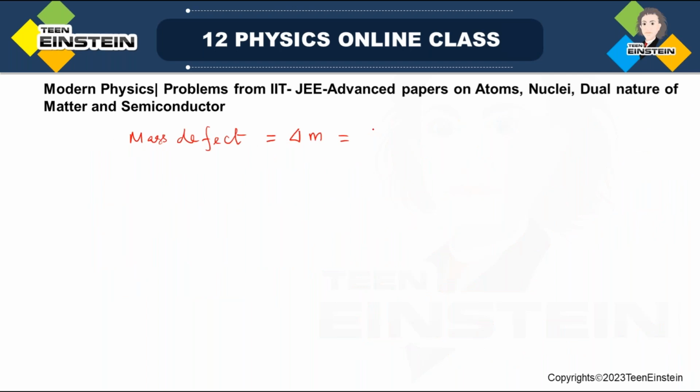So in general, the atomic mass of the parent nucleus minus the daughter nuclei, 222.00, these are in atomic units, minus 4.